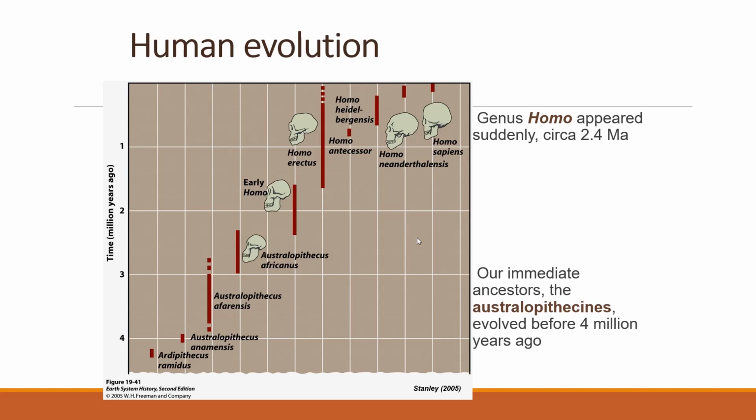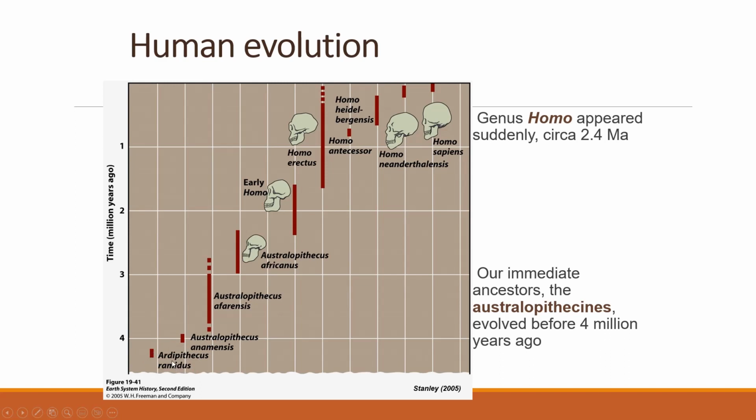So our immediate ancestors, rather, are the Australopithecines. They evolved 4 million years ago. The genus Homo, which is the grouping we fall under, appeared suddenly about 2.4 million years ago. So the Australopithecus is about 4 million years ago.